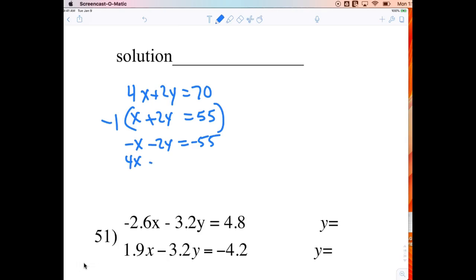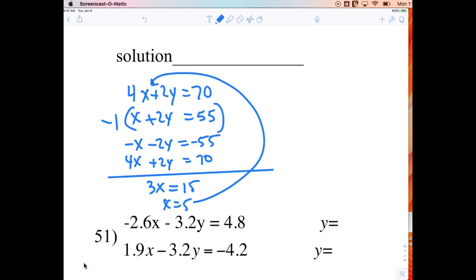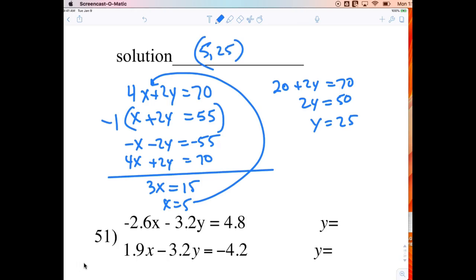Then if you bring down the other one, 4x plus 2y equals 70, when you add them, the y's cancel. 3x equals 15, so x equals 5. You with me now? Then you just plug 5 in for x. When I do that, I end up with 20 plus 2y equals 70. 2y equals 50, so y looks to me like 25. Agreed? All right, so your answer would be 5, 25.